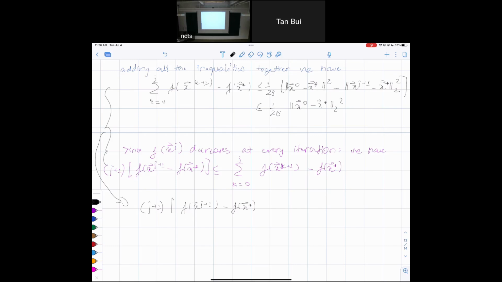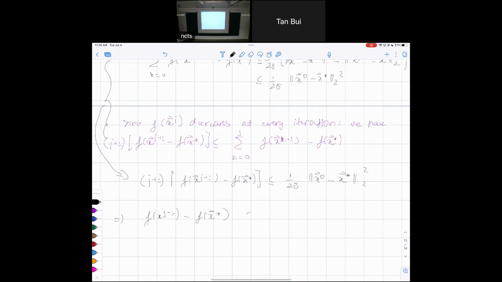This implies that f of xj plus 1 minus f of x star is less than 1 over 2 delta times j plus 1 times the norm of x0 minus x star squared.